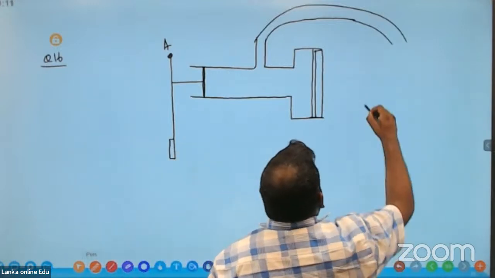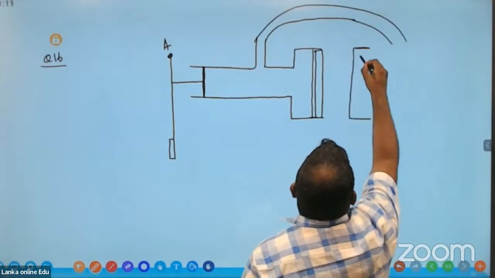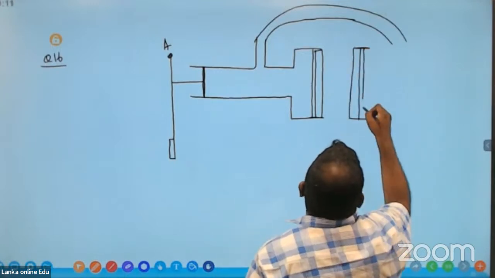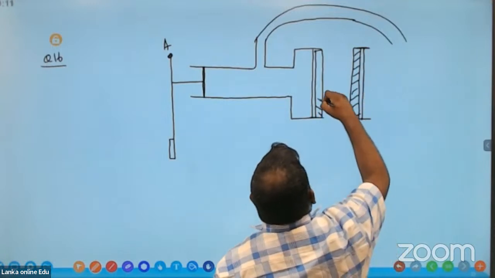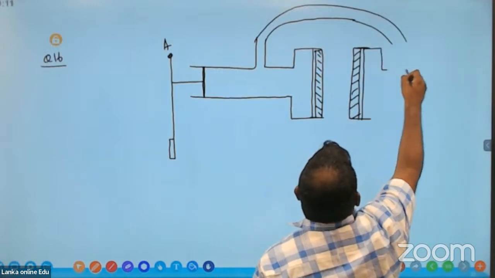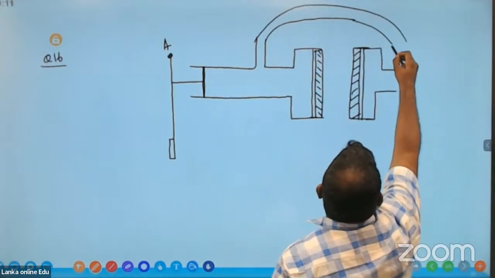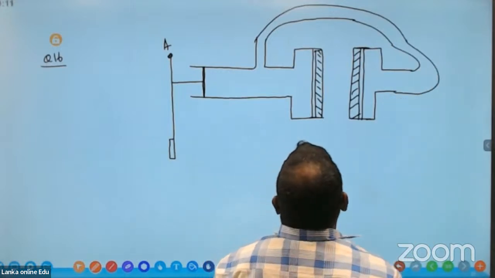There you go. Bigger piston cylinder with brake pad. There you go, fluid traverses.